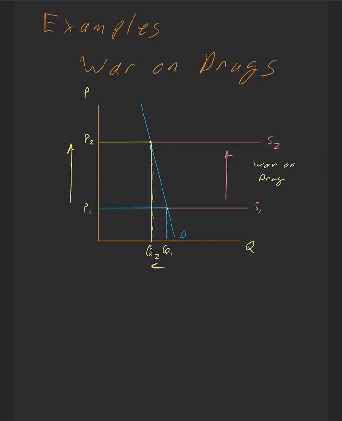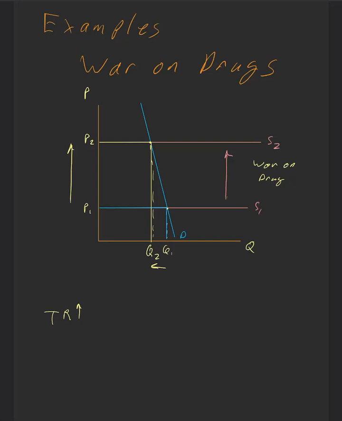So you can see by visual inspection, total revenue is actually going up, because while the price is rising, the quantity, because it's inelastic, is going down very little. So it's actually more profitable to deal in drugs in this situation.